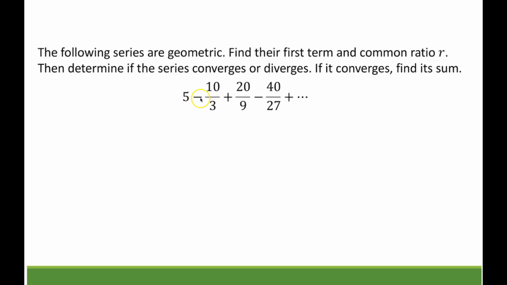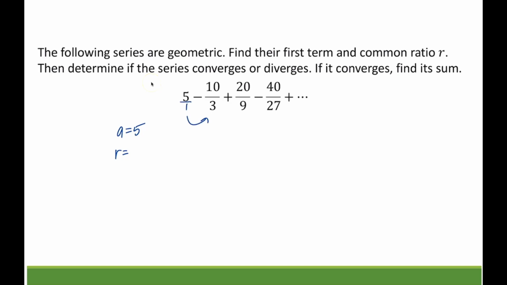Here we have 5 minus 10/3 plus 20/9 minus 40/27, and so on. We want to find the first term. Well, we can see that here a is clearly just equal to 5, but then we also need the common ratio. So we're going to need to do some work for that and think about what number we are multiplying by from each term to get to the next.